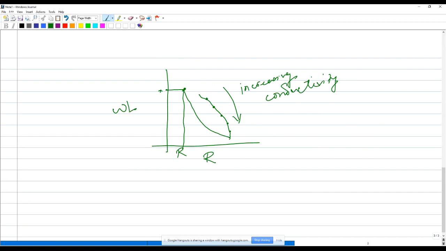So that's how these two curves, the lift-off curve over here and the conductivity curve over here, take up these kinds of shapes. Okay, so I hope I have been able to answer your question.